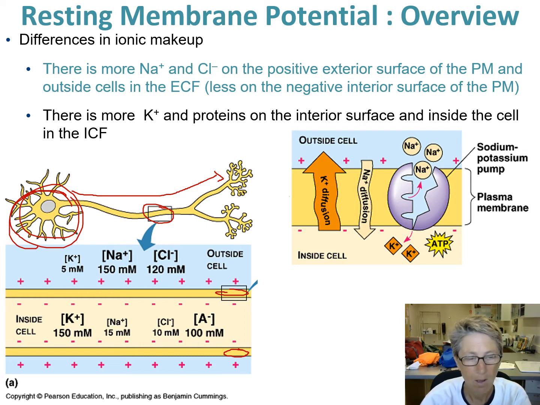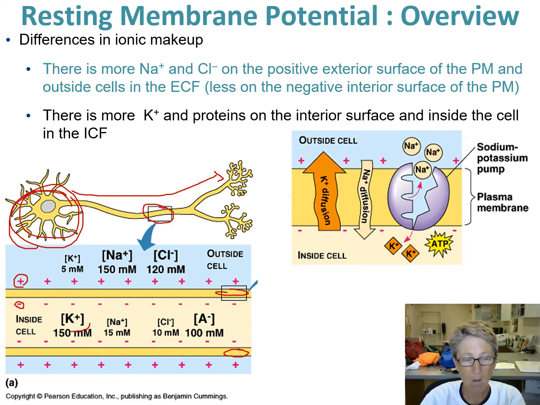And we talked about how the inside of the cell is negative relative to the outside of the cell. So these charges line up along the inside of the plasma membrane, these negative charges, and then the positive charges line up along the outside of the plasma membrane of the neuron.